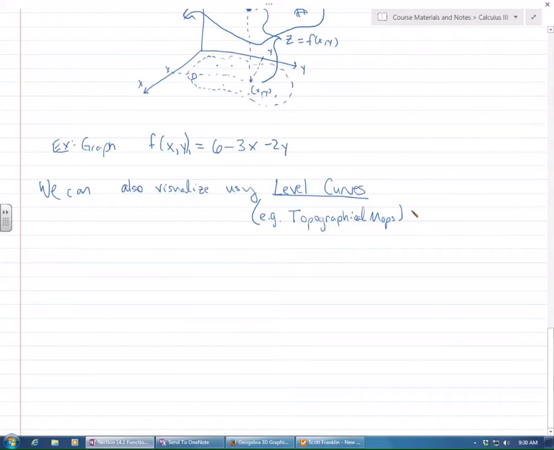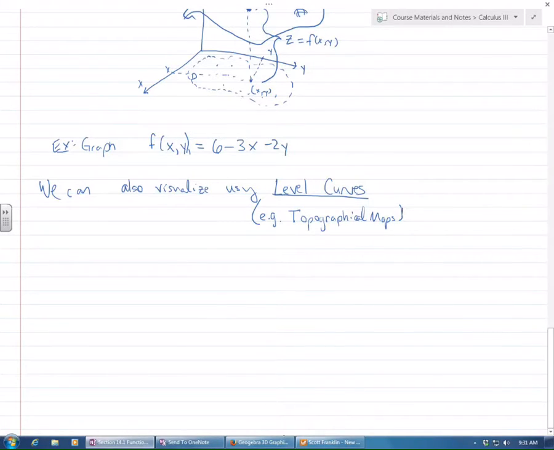A topographical map is a map of a region that shows you the elevations at each location. And when you think of a certain elevation for a landform, you're going to have this connected curve of kind of a winding path where everything that has the same height is connected by that curve. And then if you move up, you've got another slice. It's kind of like taking the landform and just slicing it off and seeing everything that's at that height, and then slicing off the next height.